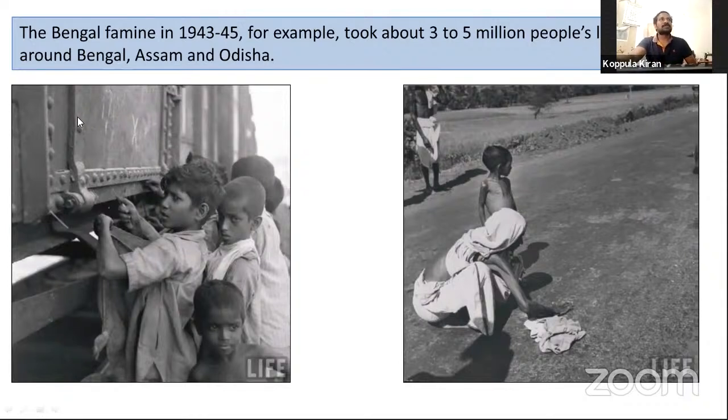When it stopped, people went to the train. They wanted to get some food grain to take. This is the situation in Bengal in 1943 and 45. These two or three years were very dangerous.